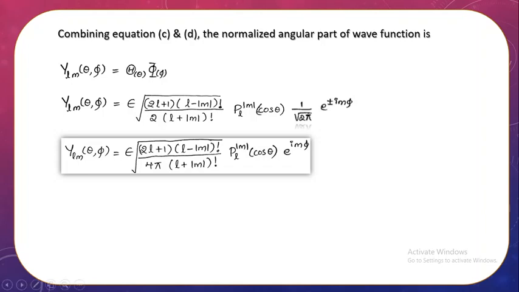Here only root pi is taken inside, so that 2 into 2 pi becomes 4 pi.